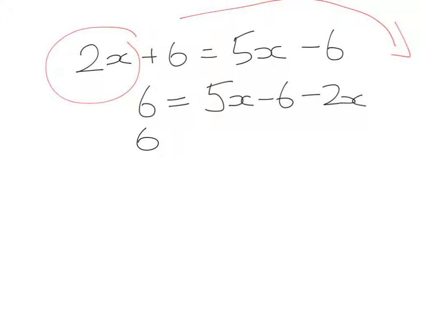Next step, simplify that. 5x, take away 2x, is 3x. And then solve this normally. This is now exactly the same as the previous equations that you've done, so don't overcomplicate it. Move the adding or subtracting first. So the minus 6 is going to go over to the other side.